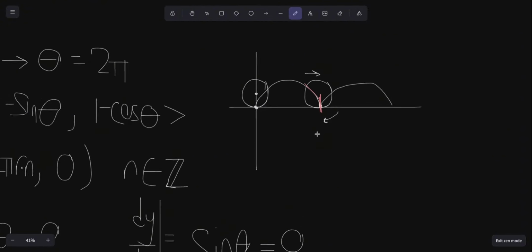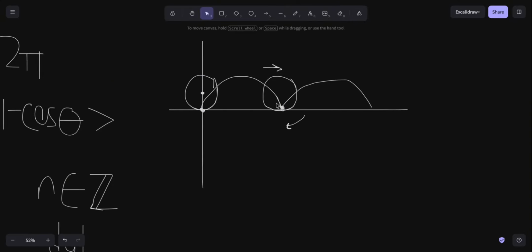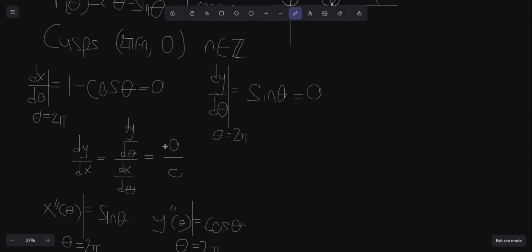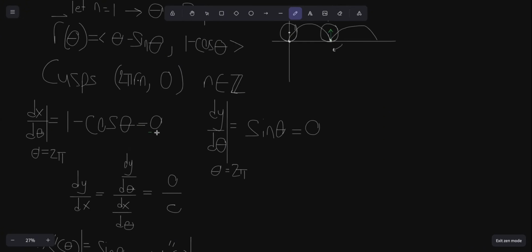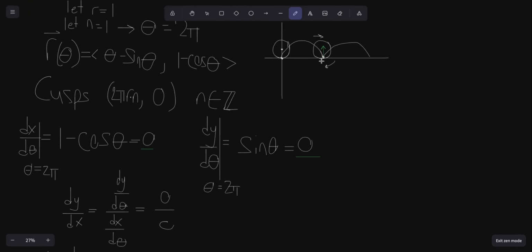So it turns out that at these cusps, sorry, I'm just going to erase these pink lines. At these cusps right over here, there's going to be a tangent vector that's pointing upwards. So the way to interpret the velocity being equal to 0, at least for the individual components, and then a vector that's pointing straight up, is that at these specific points, our position is temporarily at rest.